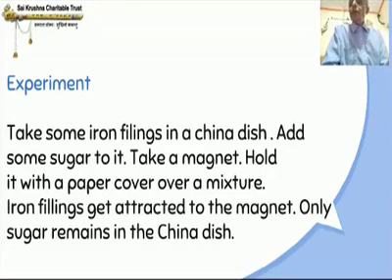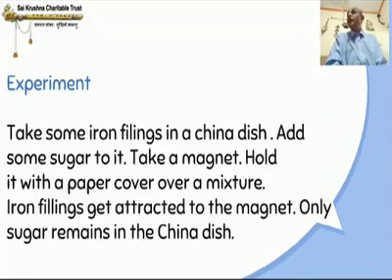So what we do is we first take iron filings in a china dish. Then we will add sugar to the iron filings that are contained in the china dish. Then we will take a magnet and hold it with a paper cover over a mixture.